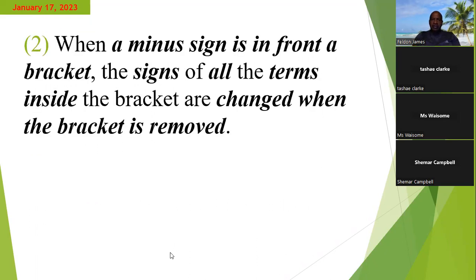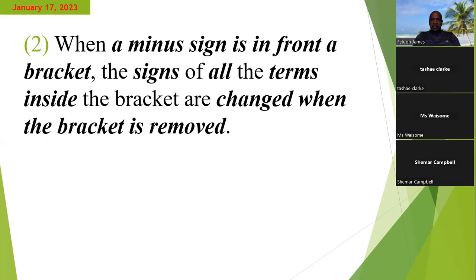Rule two says, when you have a minus sign in front of the bracket, or rather, when you have a negative sign in front of the brackets, that means that the number outside the bracket will be negative. Then all the terms inside the bracket, the signs will change whenever you remove the bracket.